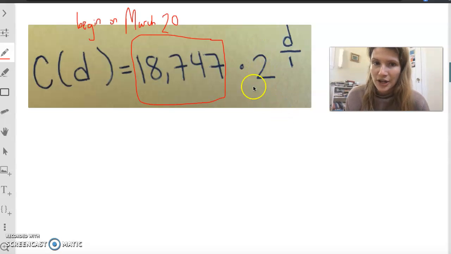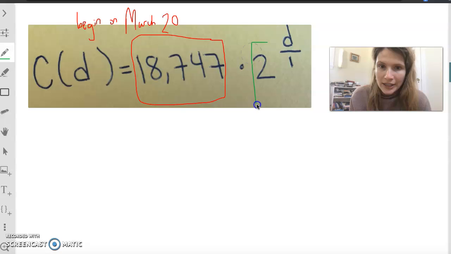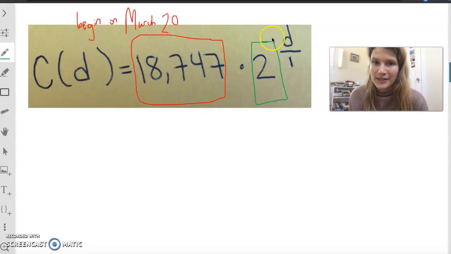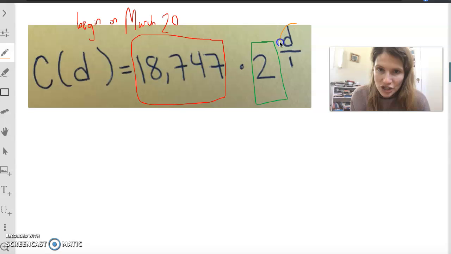The 2 is her growth rate. Let's show that in a different color. We know by now this is always the initial value, and this is always the growth rate. And then the D, it's convenient that she chose a D as her variable, because the D represents the number of days.